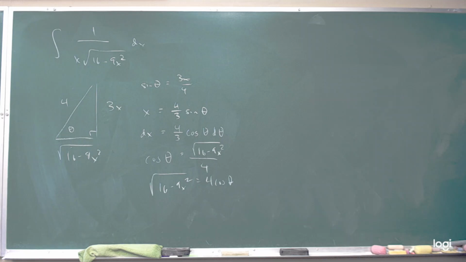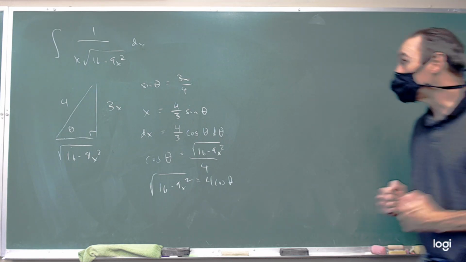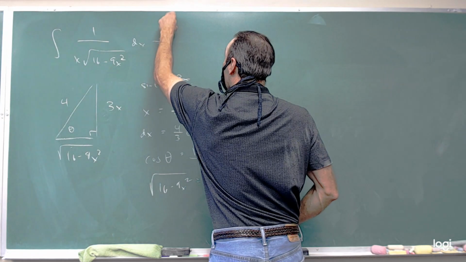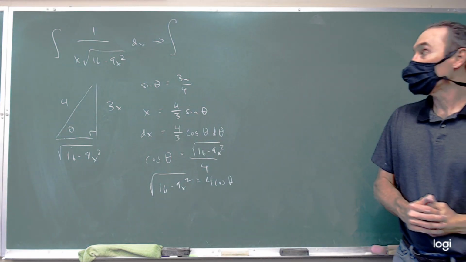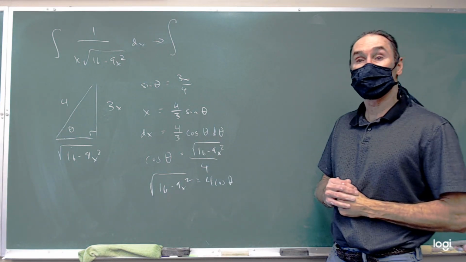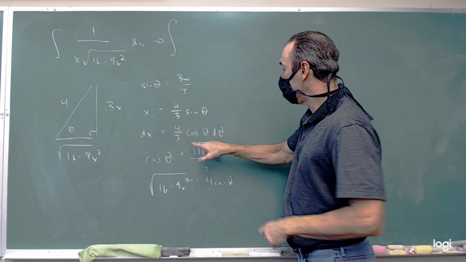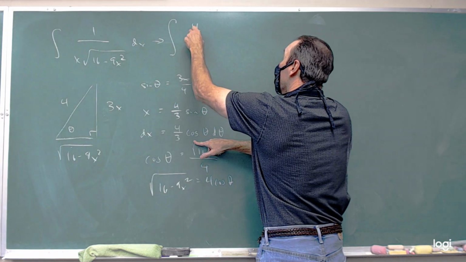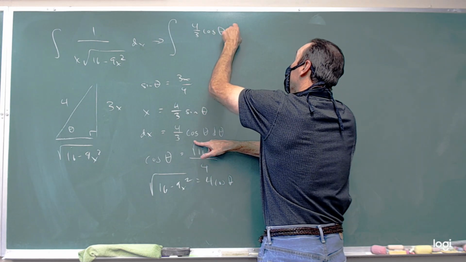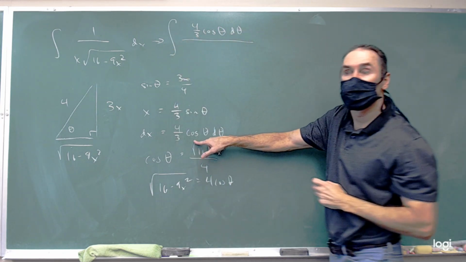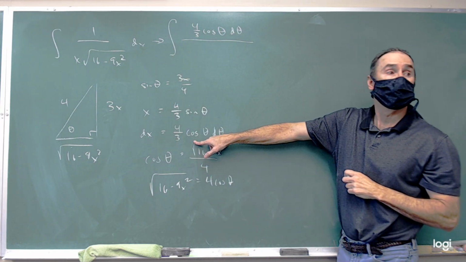Now we're cooking. Ready? We're going to make the substitution. So our integral is going to become, I'm going to put the dx in the numerator. So this dx, I'm going to put right up here, and that dx is 4/3 cosine theta d theta. With me?